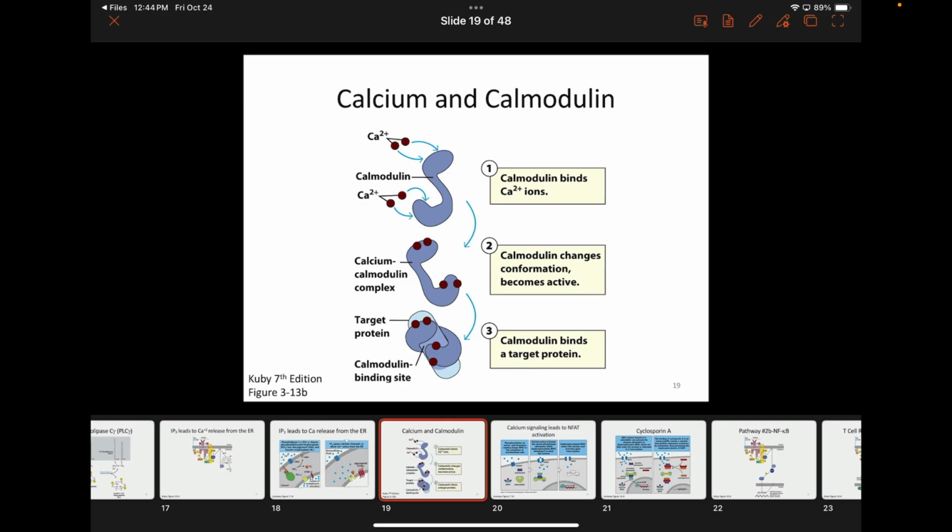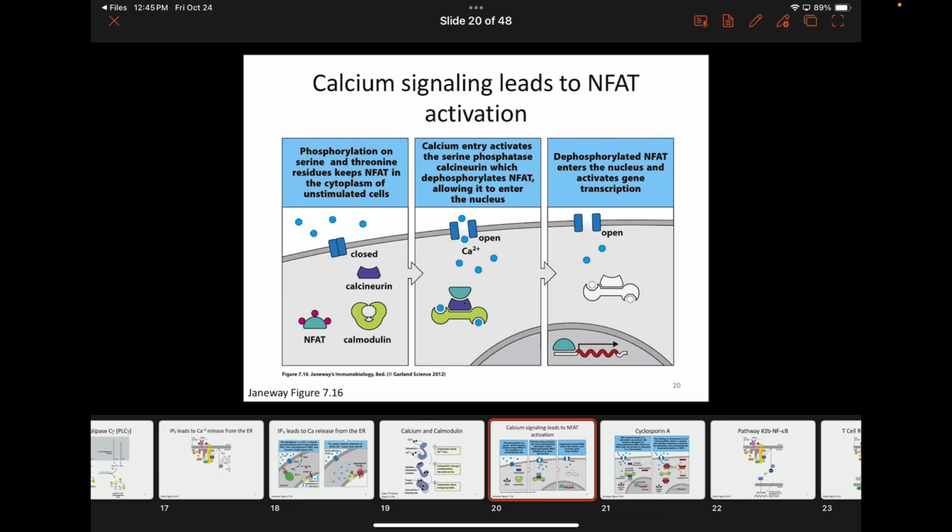So we turn on calmodulin. Again, why did I draw like this? This is terrible. Calmodulin. And now calmodulin can interact with other proteins. Calmodulin specifically interacts with another protein called calcineurin.